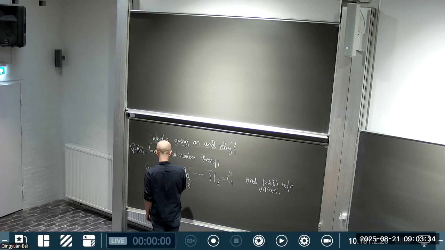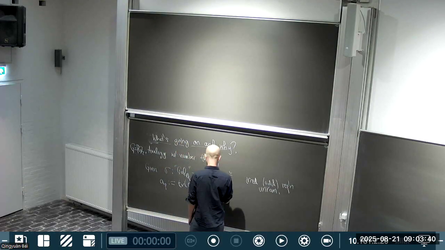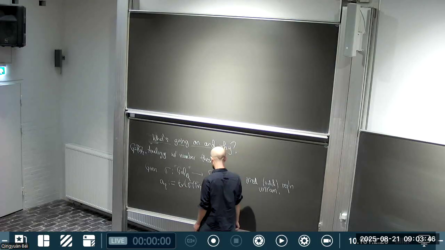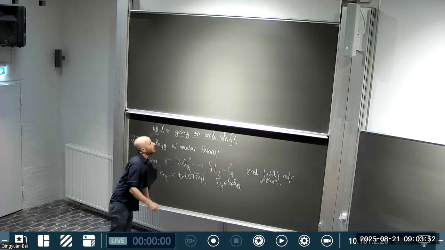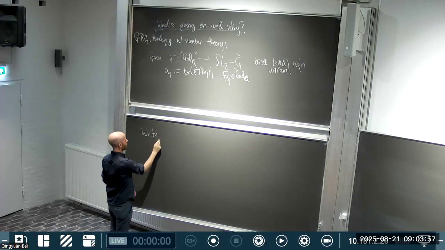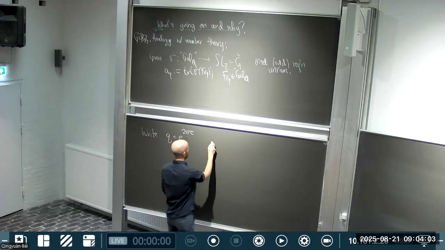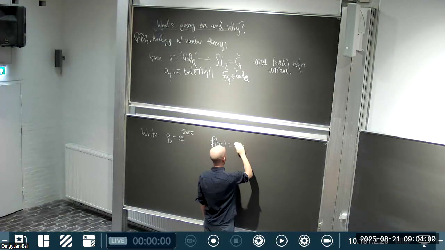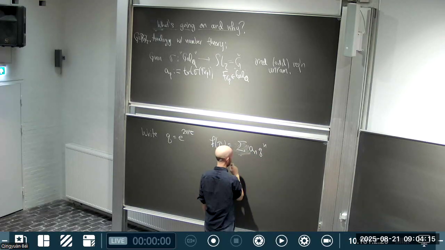So they tell you that you're supposed to define numbers a_p, which are the trace of sigma applied to the Frobenius element of p, where I remind you that there is the canonical conjugacy class in this Galois group. Then you're supposed to write down q equals e to the 2 pi i tau, and then write down a power series f of tau, which is the sum of a_n q to the n.